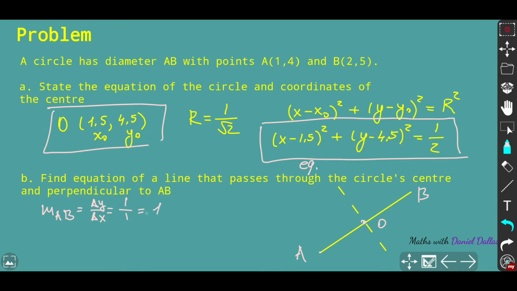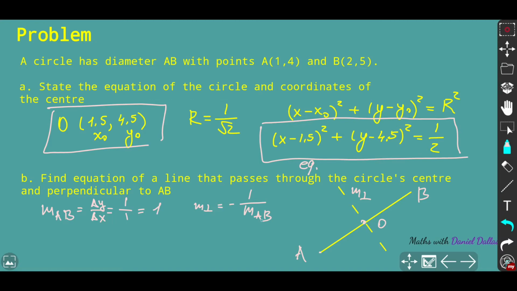So the gradient for the line which is perpendicular is minus 1 over m_AB, due to the properties of perpendicular lines. Make sure you remember that. If not, just check out my video series dedicated to lines, parallel and perpendicular lines.